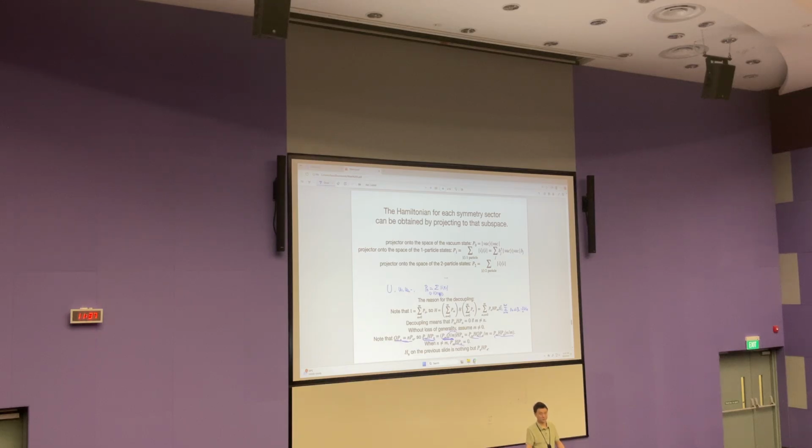I'm using the fact that this Hamiltonian can be decomposed in this form, where what appears here is Pn. I need more time. Okay. That's what I want to talk about today.